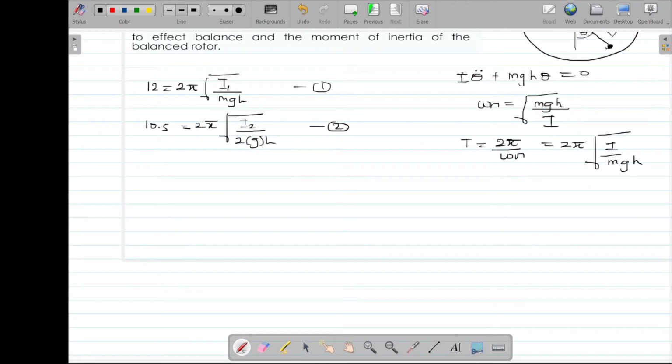So from here, we can say 10.5 all on 2 pi squared, multiplying 2 times 9.81 times 0.45, equals I2.